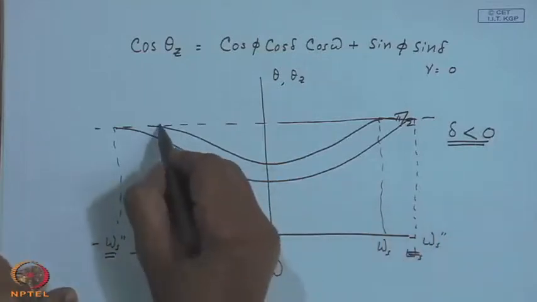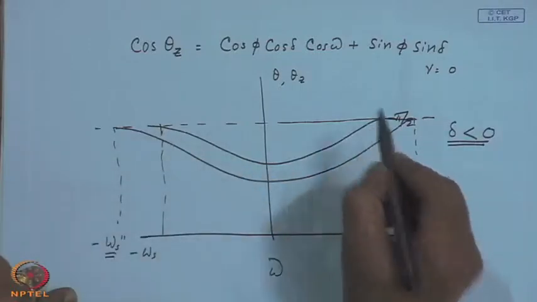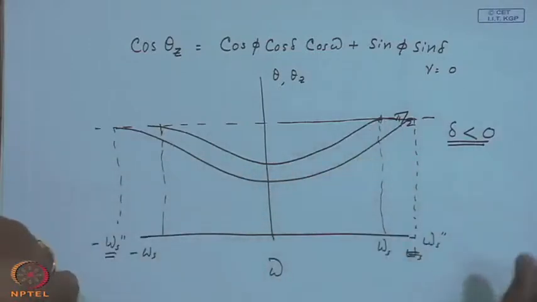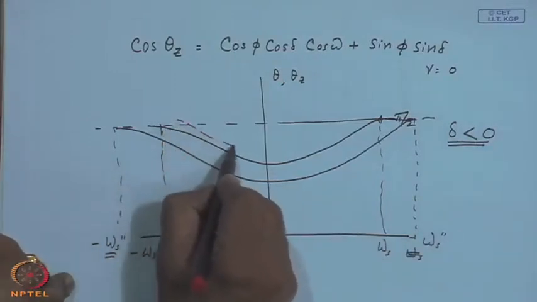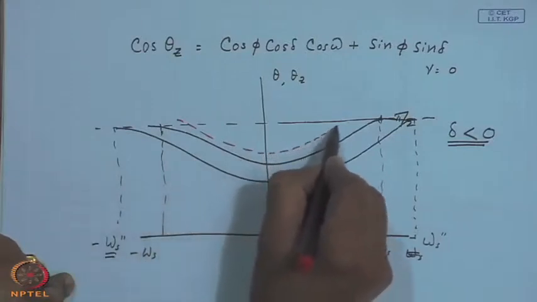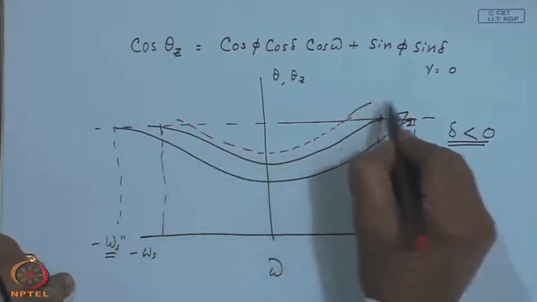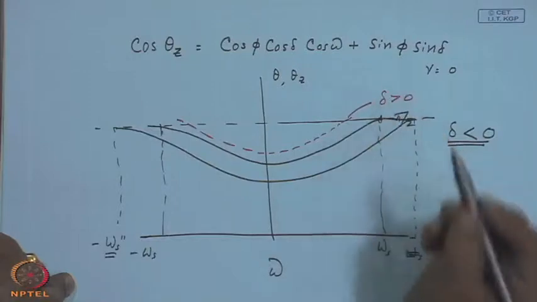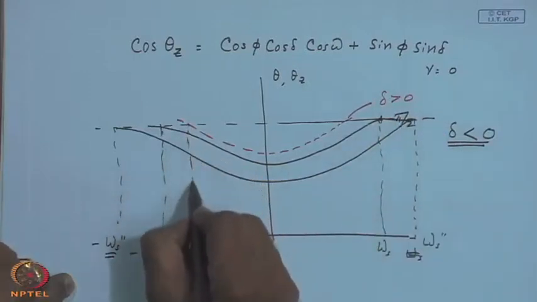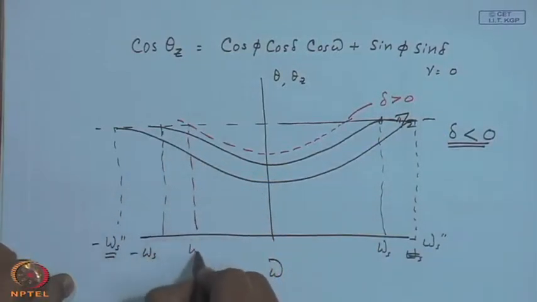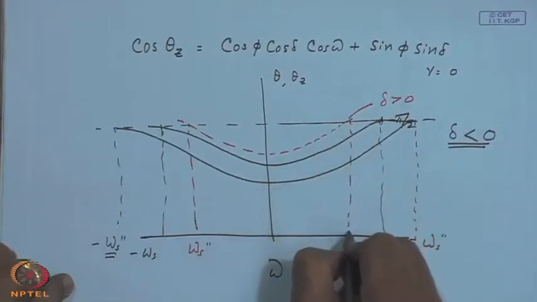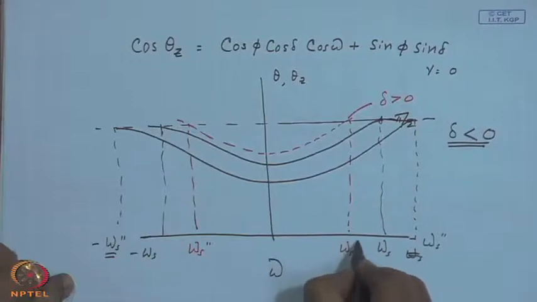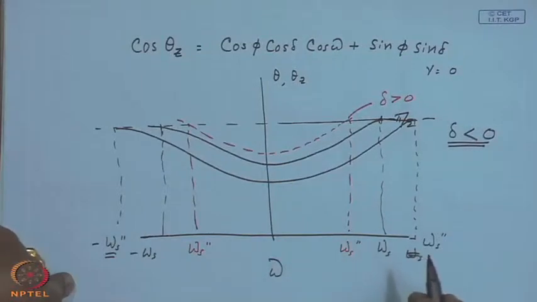So, of course, we limit all our calculations to omega s, and if I use another color, this may be for delta positive, okay.